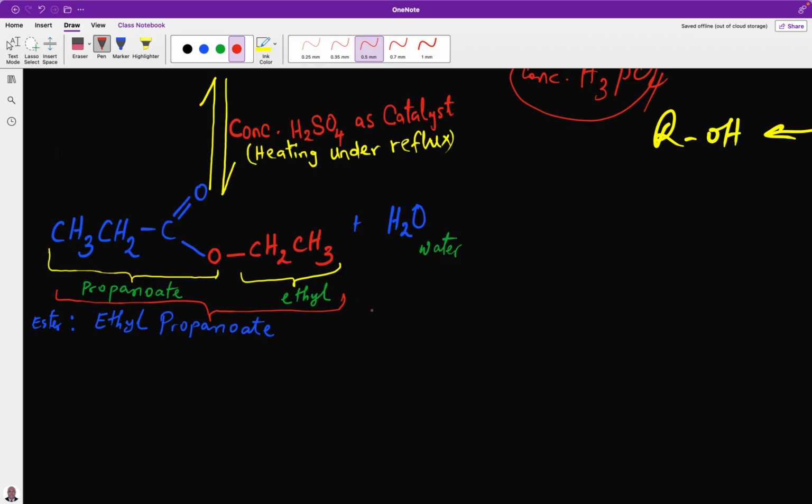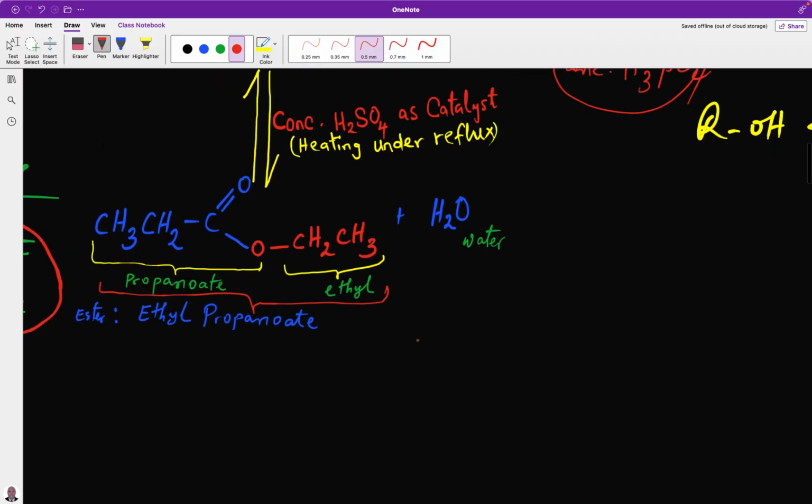The formula you see here is the structural formula. This is the structural formula, but we have been asked to draw the skeletal formula.